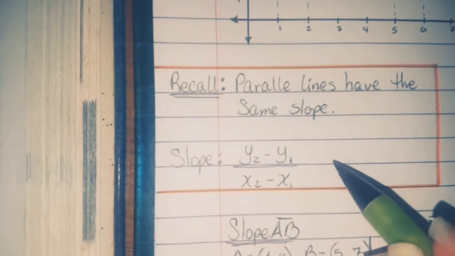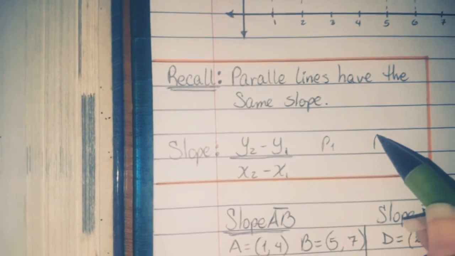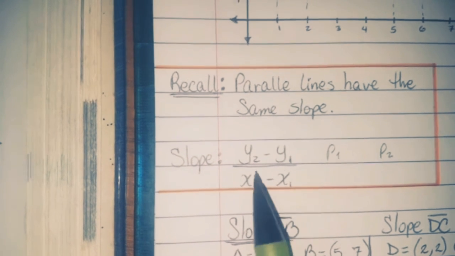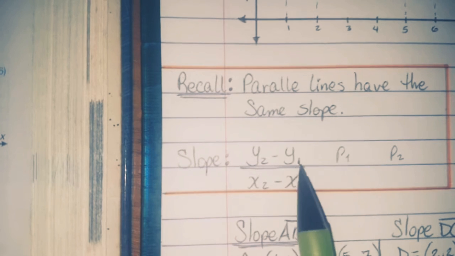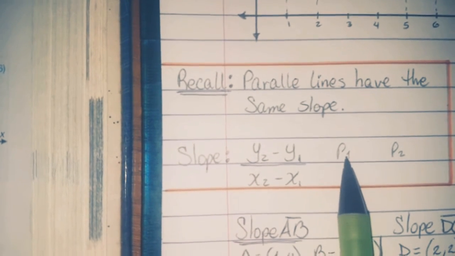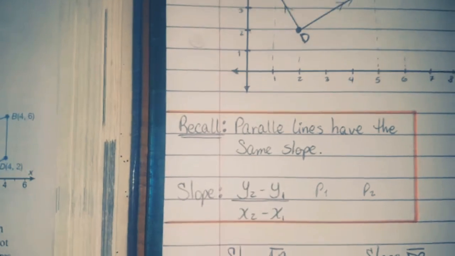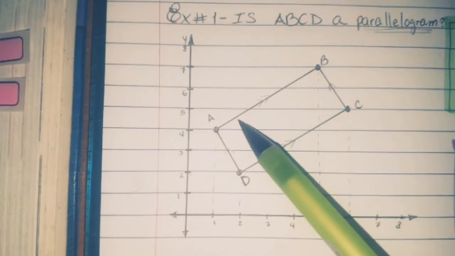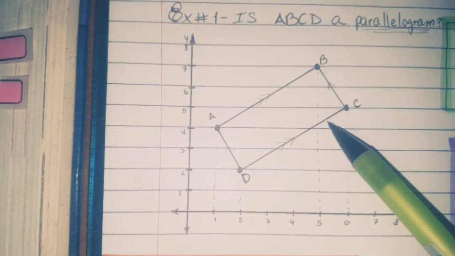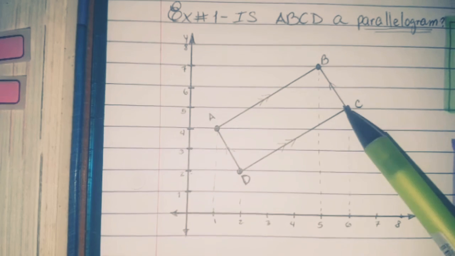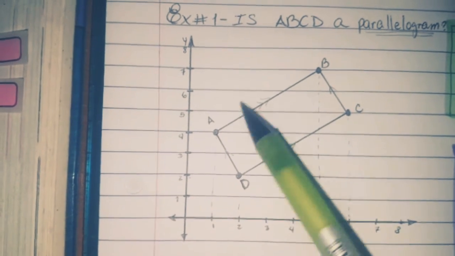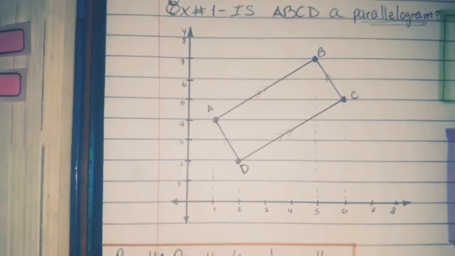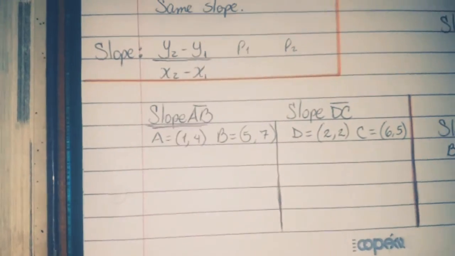That means we need point number 1 and point number 2. As I said previously, we need to prove that these are parallel, and that these are parallel as well. So let's calculate the four slopes of the side segments to compare them.